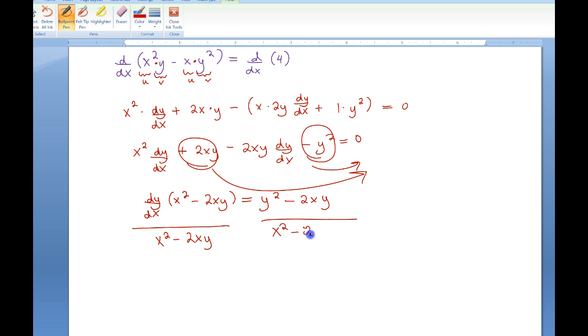Yeah, that seems right. I got the same answer. That's fine, it's just switched around. No, but one of them's switched. It's like 2xy minus y squared on the top and 2xy minus x squared on the bottom. Same thing, multiplied by negative 1. Remember, a minus b. Isn't the top and the bottom different?